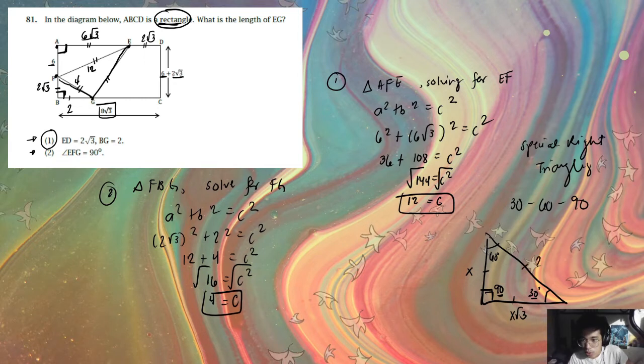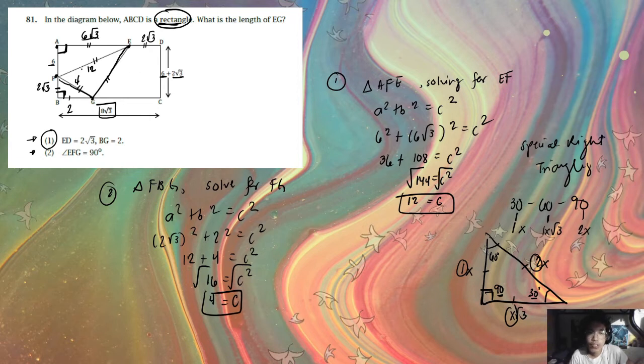If we look for the pattern, the coefficients have patterns themselves. The opposite of 30 is 1x, so that's the numerical coefficient. The opposite of 60 is 1x square root of 3, and the opposite of 90 is 2x.